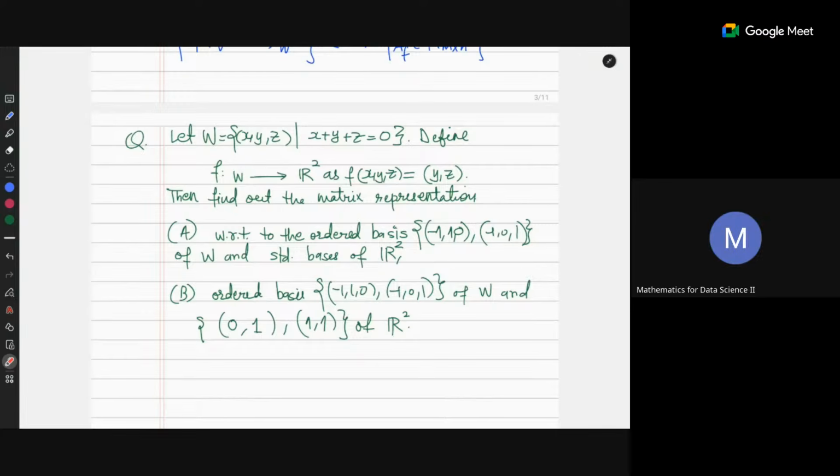Right. So now the question is, is this a subspace? How do we know that it is a subspace? Is it closed under vector addition? Yes, sir. Is it closed under scalar multiplication?